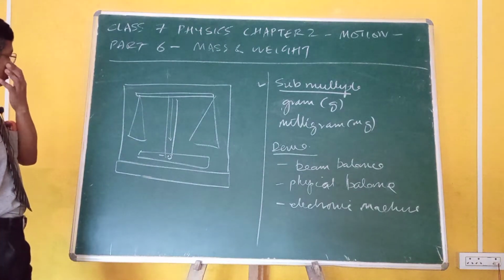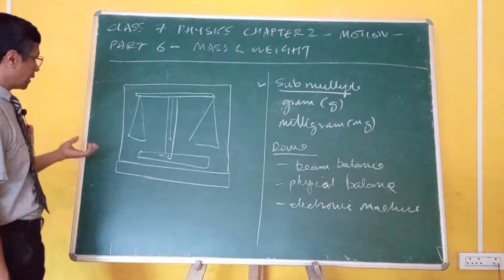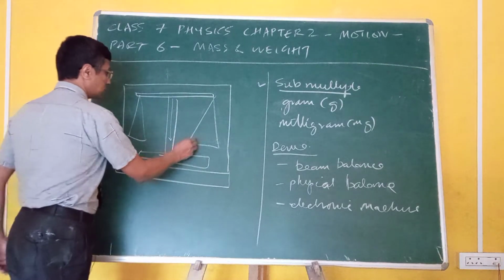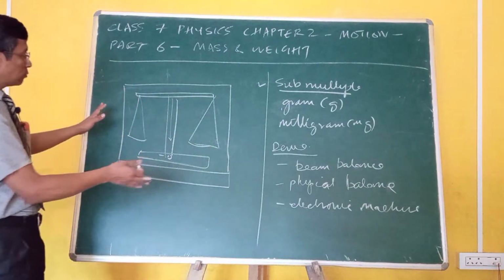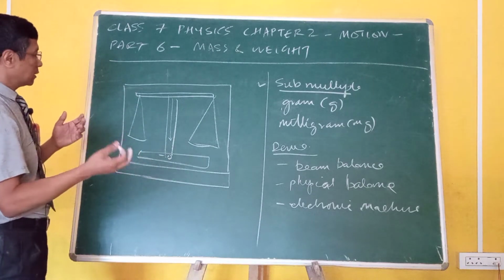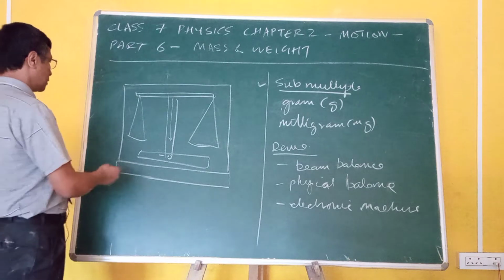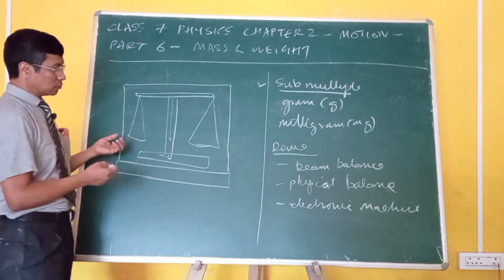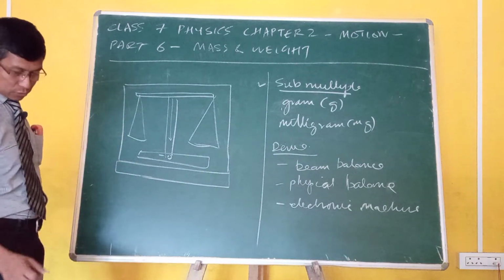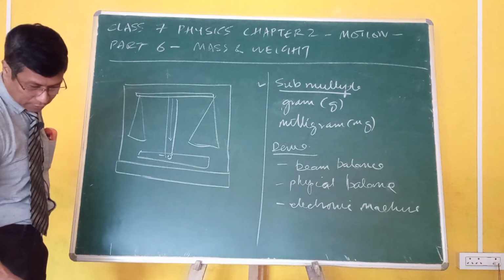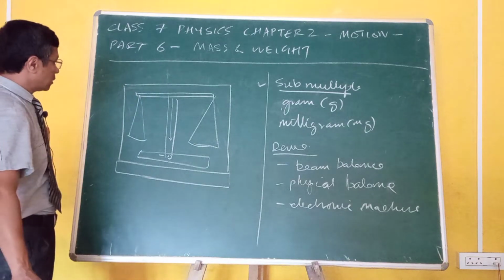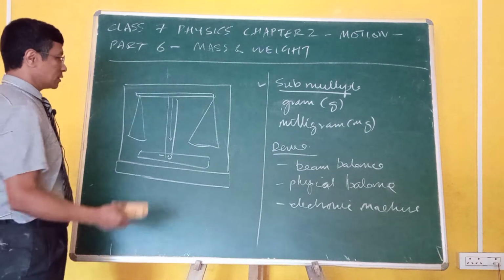Since you need to measure very light quantities, this can be used. It is enclosed in a glass box so that it doesn't get disturbed by movement of air, which may cause inaccuracies in the measurement of mass. So a physical balance is used in laboratories for measuring mass in very small quantities and very accurately.